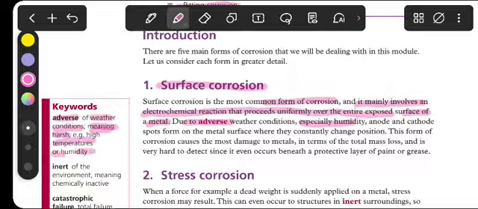What causes surface corrosion? It's mainly change in temperature and humidity. You can list that for surface corrosion. Remember things like rust.